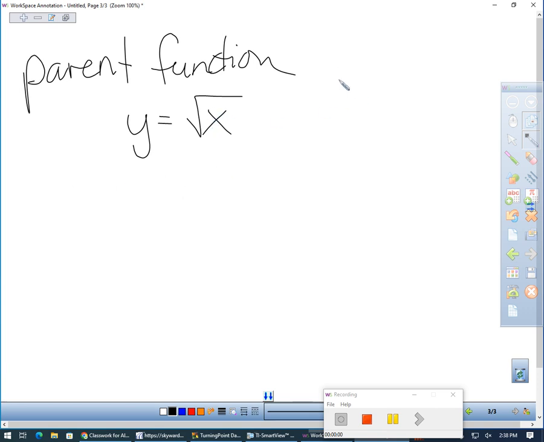The square root of x is a graph that starts at the origin, because you can't go to the left at all, it can't be negative. It starts at the origin and is like one half of a parabola, so to speak. So if I were to put 4 in for x, it goes up 2 spots. It does this curve.